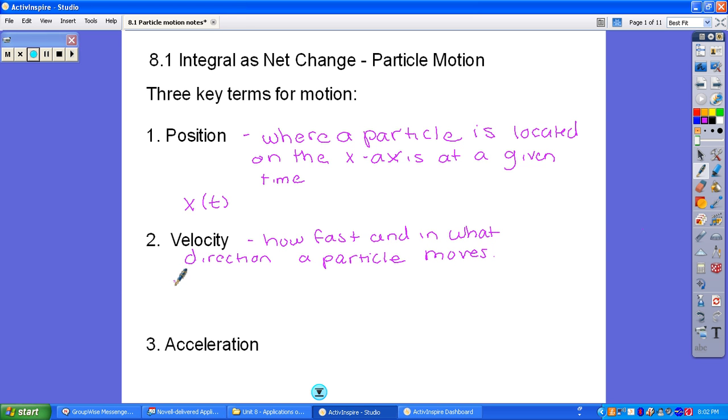And then we have to remember that the derivative of the position gives us the velocity. And that when velocity is greater than 0, our particle moves to the right. And when the velocity is less than 0, it moves to the left.